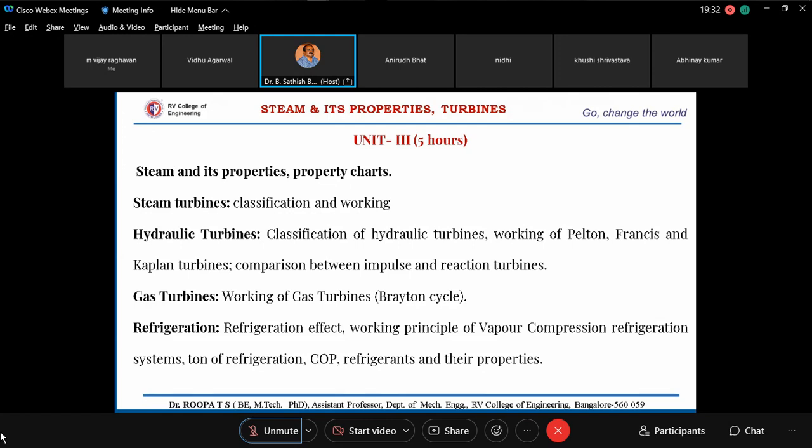Then we will move on to the hydraulic turbines. What the sir has done is the hydraulic turbines; the Pelton comes under these hydraulic turbines. Let me go in a continuous manner so that you can make your own mind map easily and remember the topics.